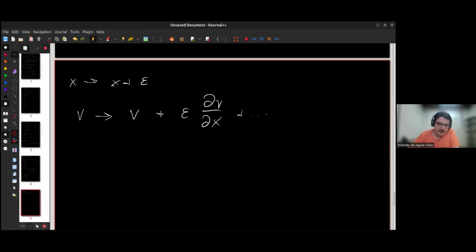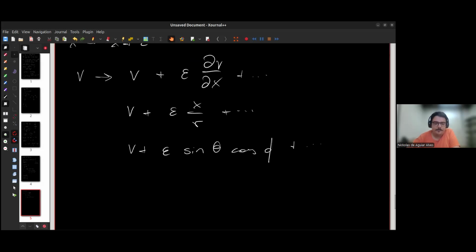But if you just compute this, what you're going to have is something along the lines of epsilon times x over r plus stuff. And I can just rewrite this using spherical coordinates as sine theta cosine phi plus stuff, where these are the standard angles in spherical coordinates.